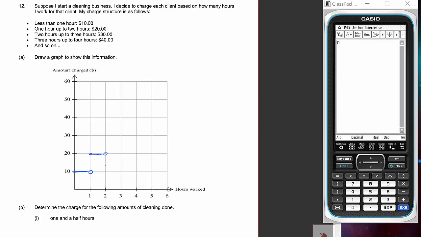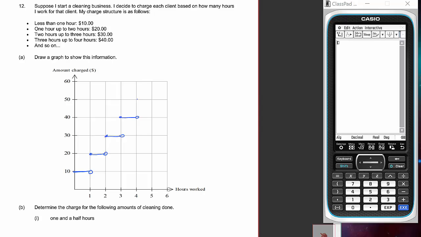So like that, we know what these circles mean by now. It's 20. 2 hours up to 3 hours is 30. 3 hours up to 4 hours is going to be 40.